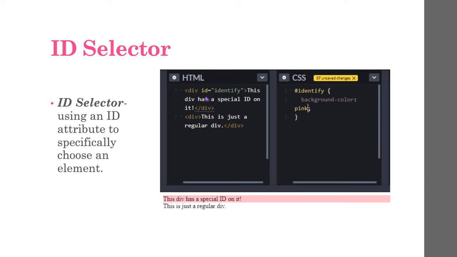For example, we have the ID identify for this div. So we can call upon this specific element by calling its ID name, identify, and it will be chosen. Okay, so we can only use an ID for a single element.